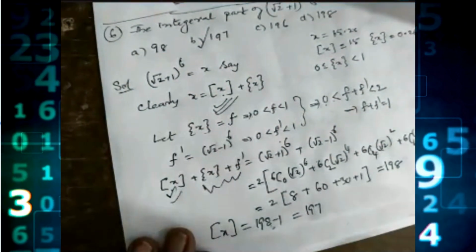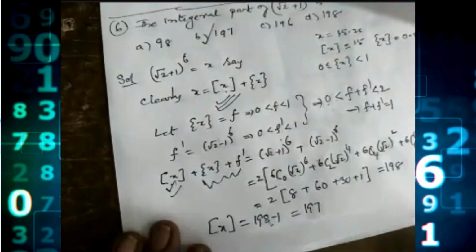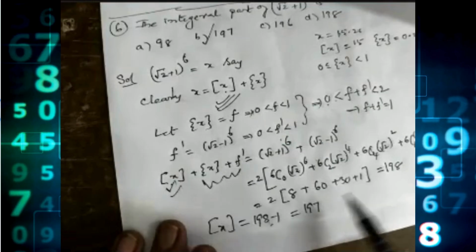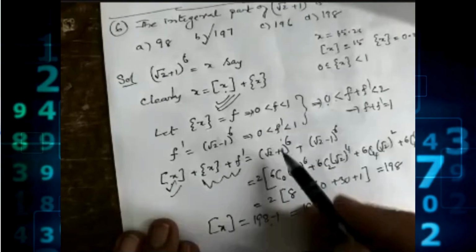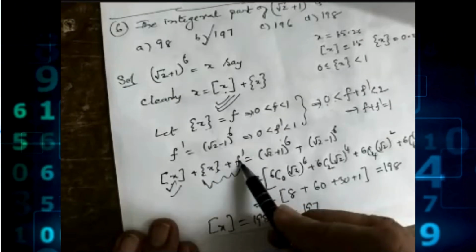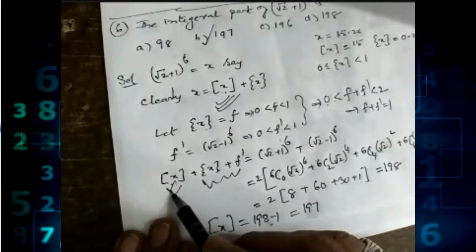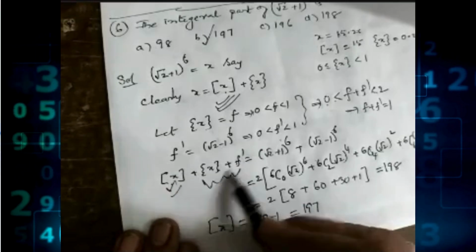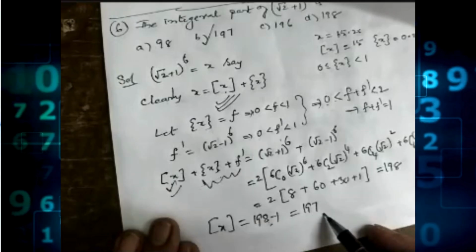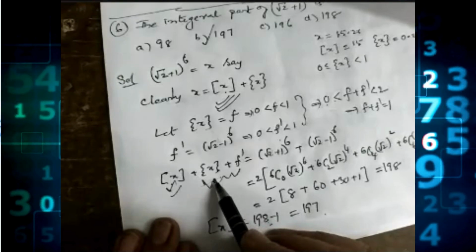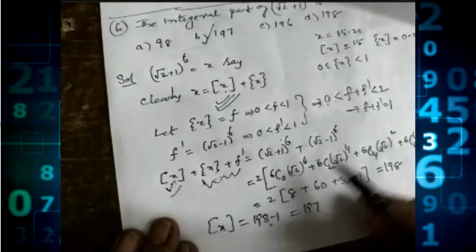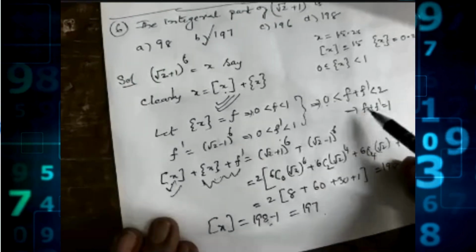You must ask me a question here. Sir, who told you that f plus f dash is an integer? Hello, this is f, this is f dash. Step of x is surely an integer. Integer plus something, answer is an integer. Surely this must also be an integer, right? Yes, sir. That is the reason why we say f plus f dash is 1.